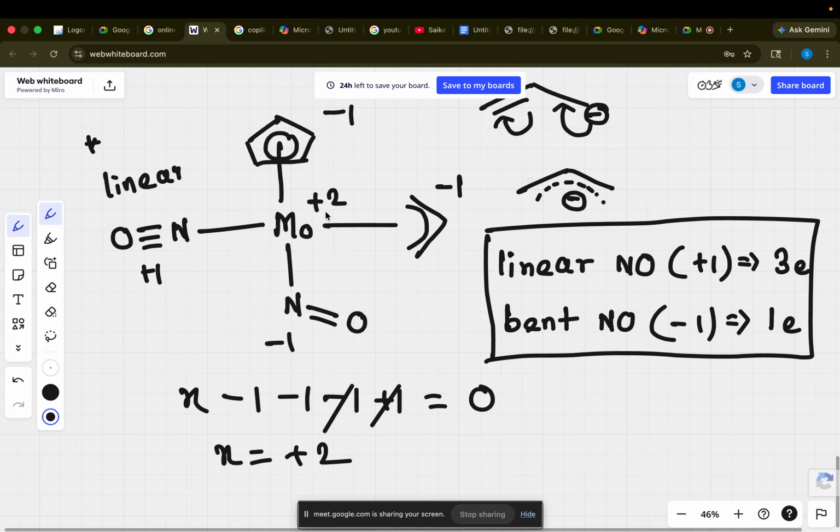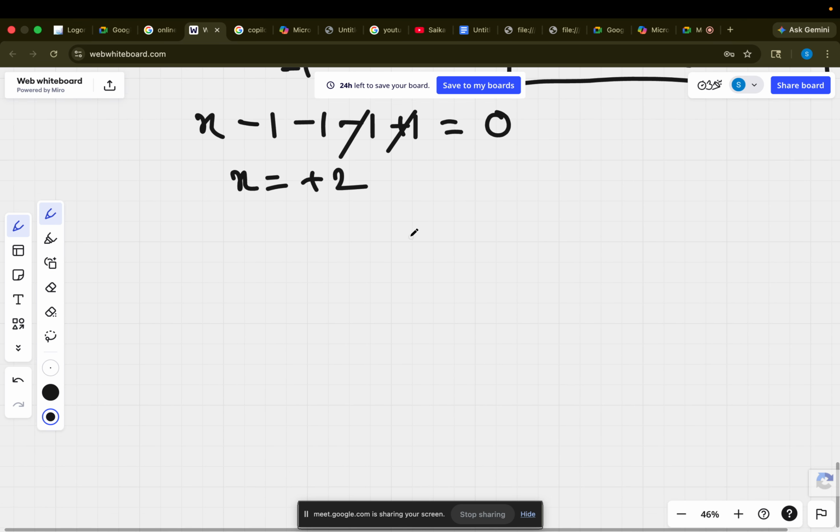So molybdenum is present in the +2 oxidation state. Is it clear? Any doubt from here? Yes, sir. Clear, right? Okay.